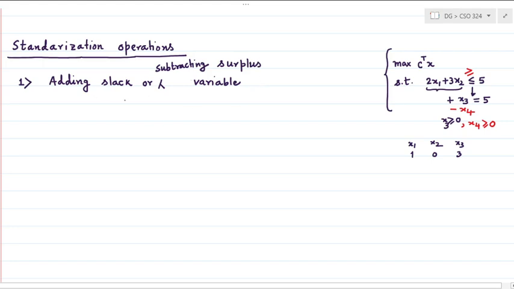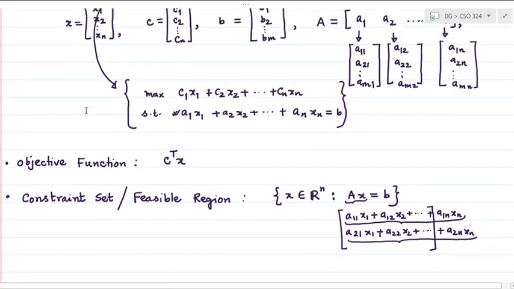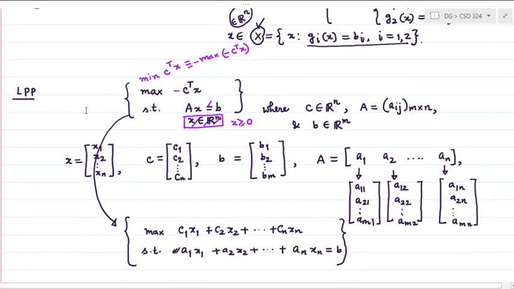And this operation, let me write it out for a general inequality. For instance, let me suppose I have the pth inequality in the constraint. Here you know that in Ax less than or equal to b, you have m many inequalities, right?